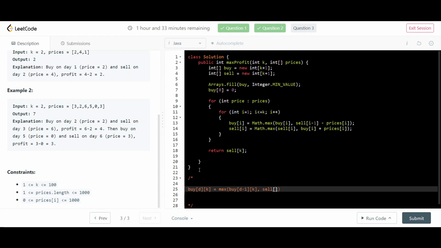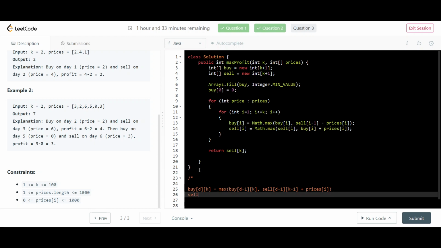So you're saying sell of d minus one? Yeah, by some previous day I had sold k minus one, right? And I'm buying today, so plus prices of this. That makes sense to me.